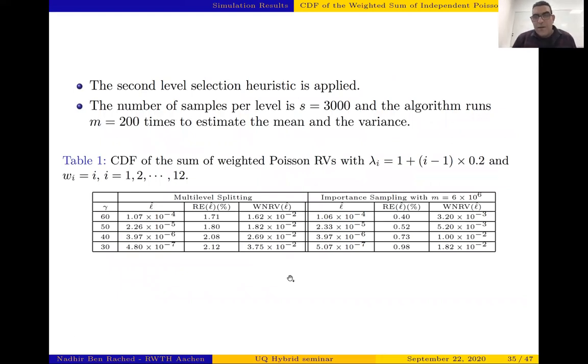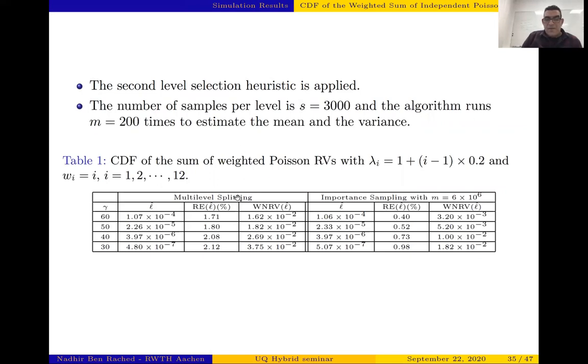So this is the first result, for the CDF of weighted sums of independent Poisson random variables. We use the second level selection heuristic, which is based on the lower bounds. The number of samples per level is chosen to be 3,000, and the algorithm is repeated 200 times in order to be able to estimate the mean and the variance by sample mean and sample variance.